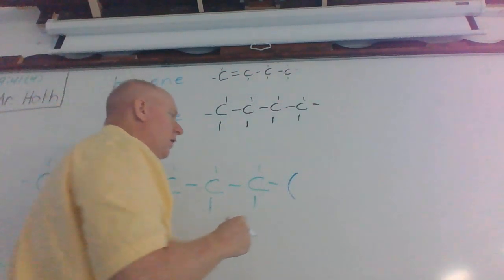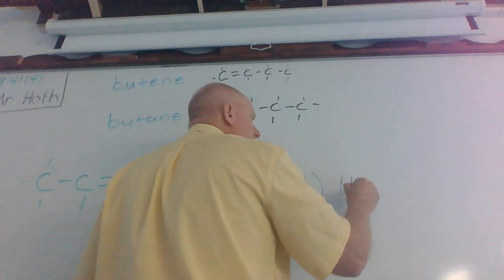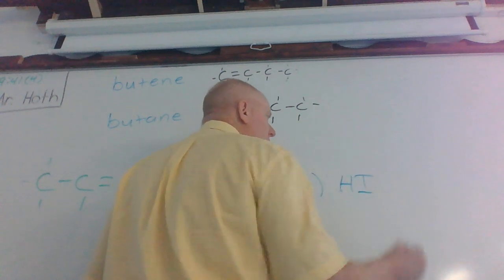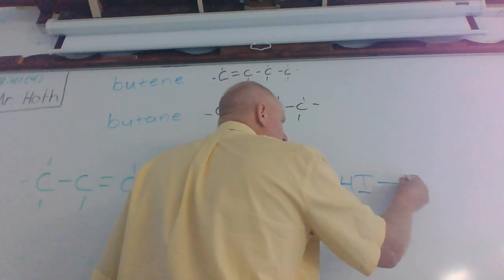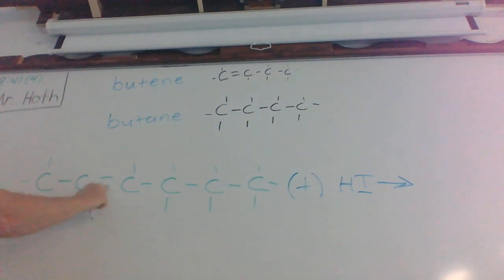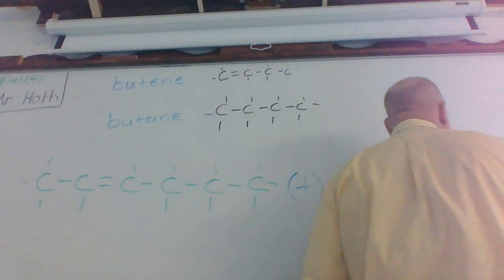So an example of an asymmetrical reagent would be what? H what? Okay, so as this proceeds, do we need a catalyst? No, because that bond is so weak and we're not adding hydrogen. Okay, so what we see happening then, we're going to have these 6 carbons.